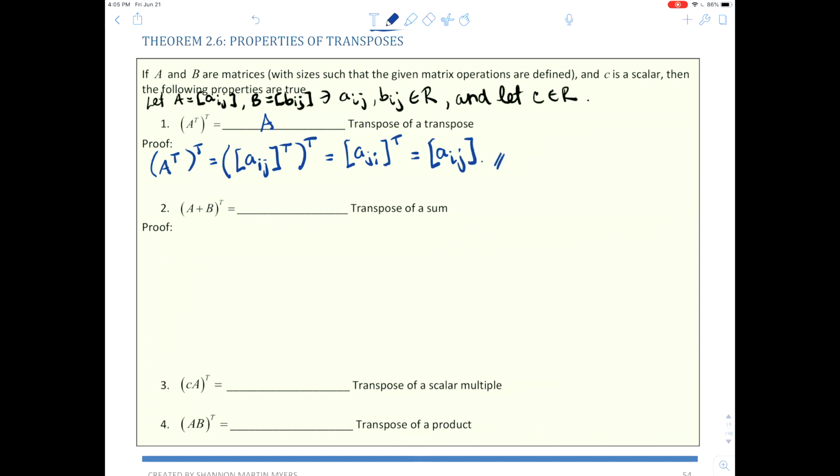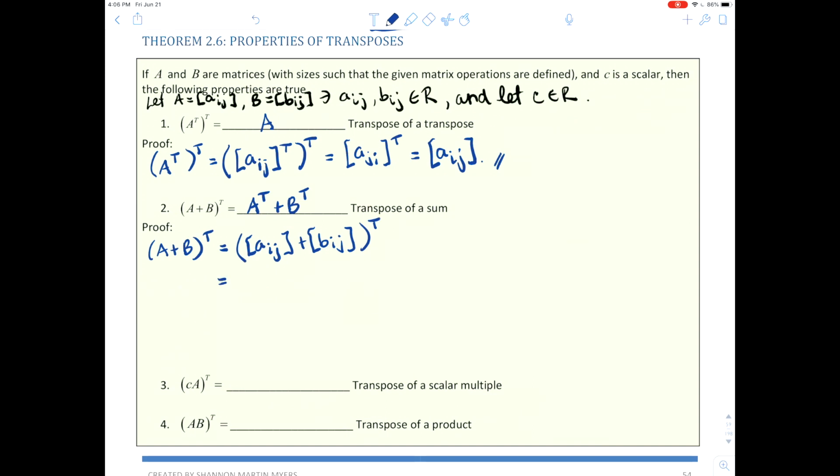Cool? All right. It turns out that the transpose of the sum of two matrices is equal to the sum of the transposes. So let's take a look. A plus B transposed is equal to, putting them in terms of representative elements, Aij plus Bij transposed.